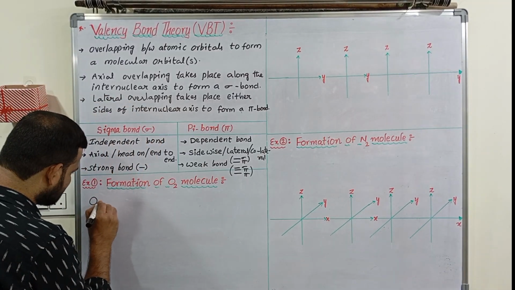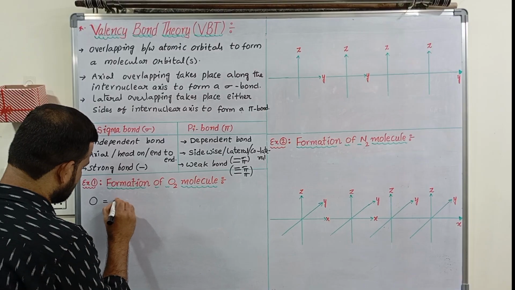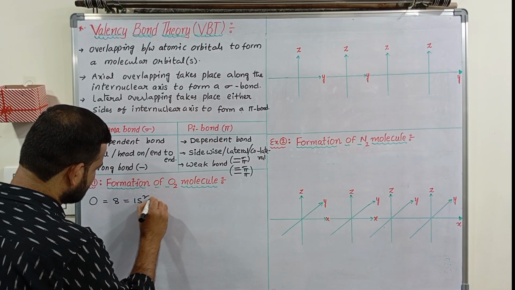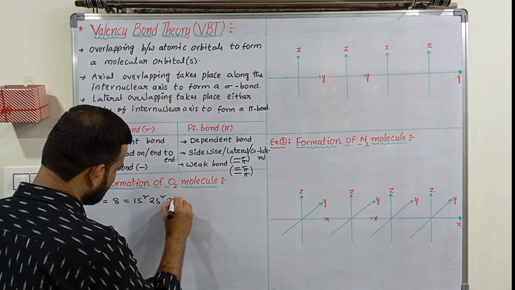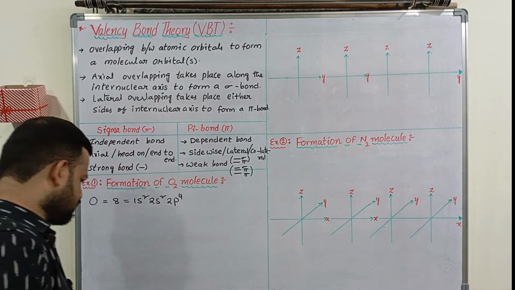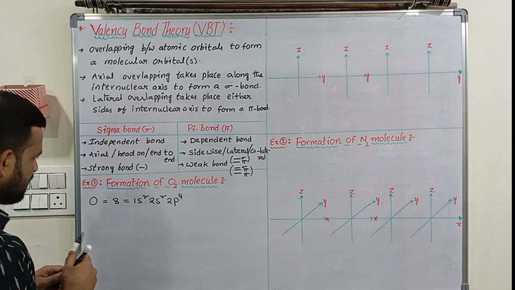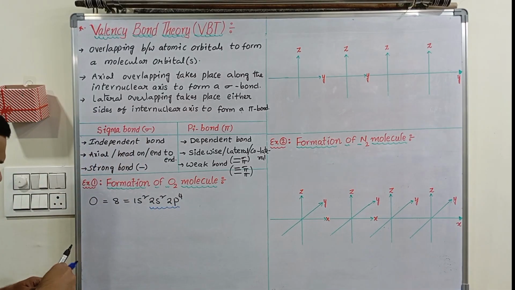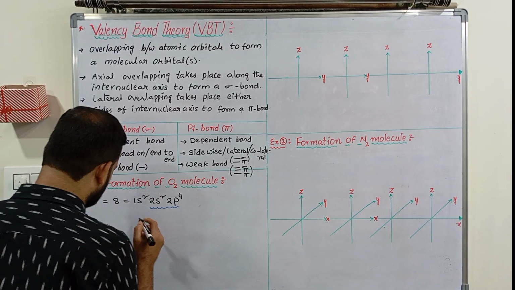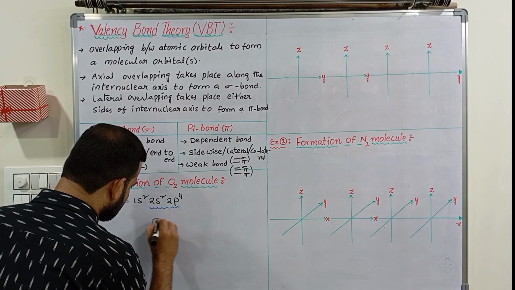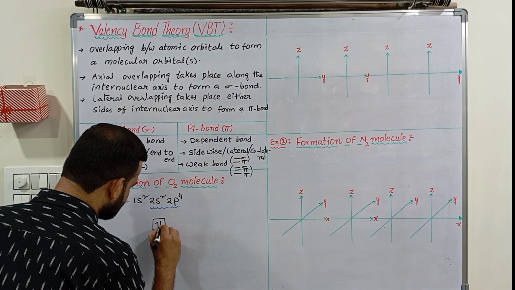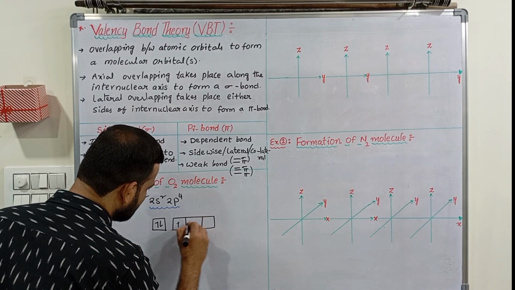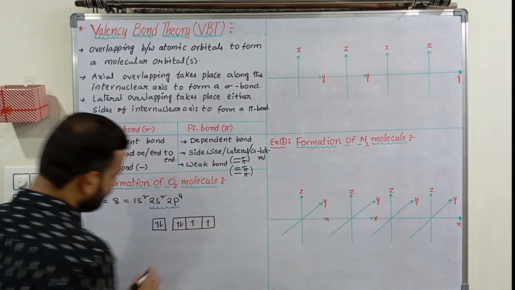We know that oxygen's atomic number is 8. Its electronic configuration is 1s2, 2s2, 2p4. So what is the outermost electronic configuration? 2s2, 2p4. Here the s orbital contains 2 electrons and the p subshell contains 4 electrons. 1, 2, 3, 4.